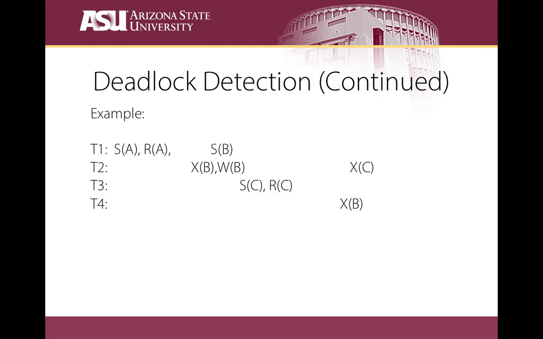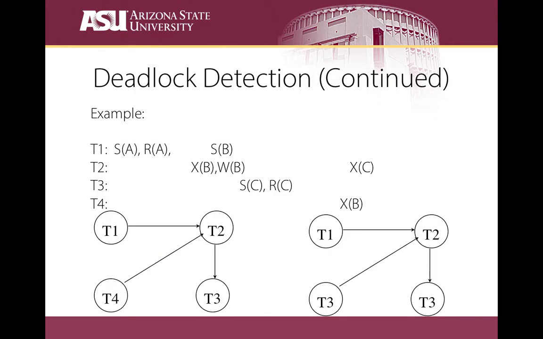Yeah. What is it waiting for? Explain. There is an exclusive lock on B here, and T1 wants a shared lock on B, so it has to wait. There's no other option. This is a conflicting operation, so it has to wait. This is why we draw an edge here. So what about an edge between T2 and T3? Yes. Why?